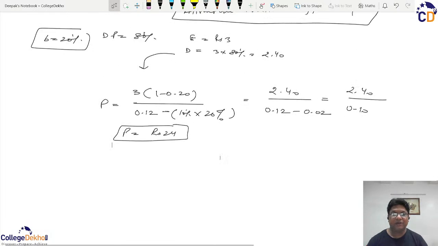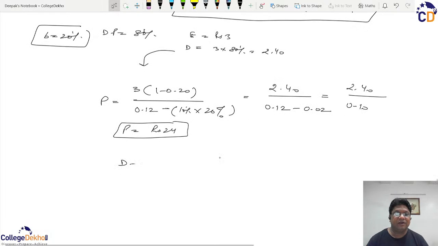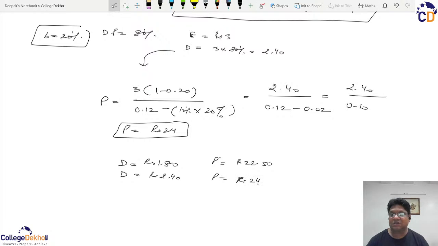So if you see here, when the dividend was rupees 1.80, the price was 22.5. If the dividend was 2.40, then the price has increased to 24. So as discussed, as the dividend increases, the price also increases.